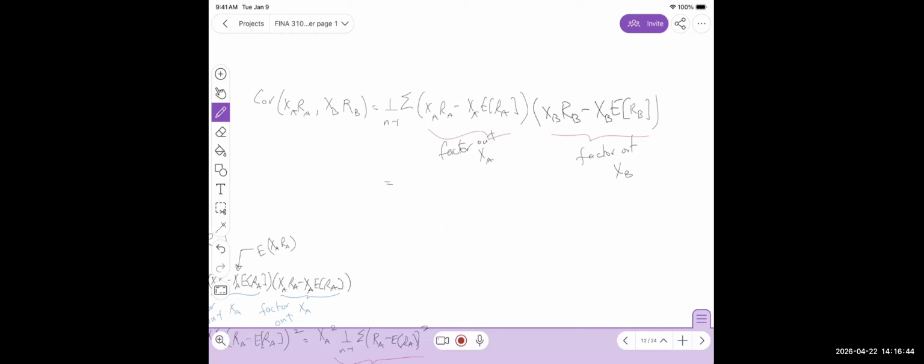What's the conclusion? Everybody okay with that? So this is possible because XA and XB are numbers. They can be pulled out of these equations or these brackets.